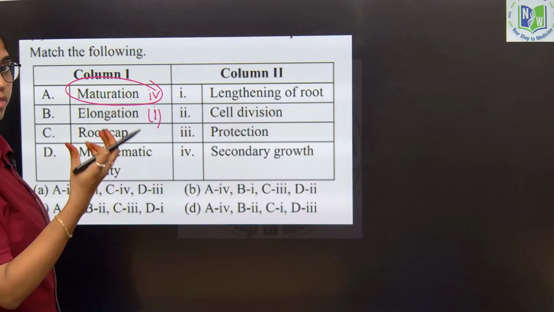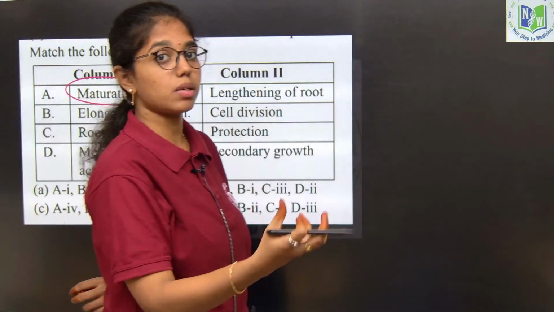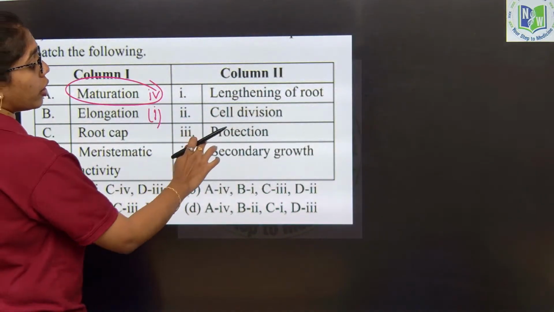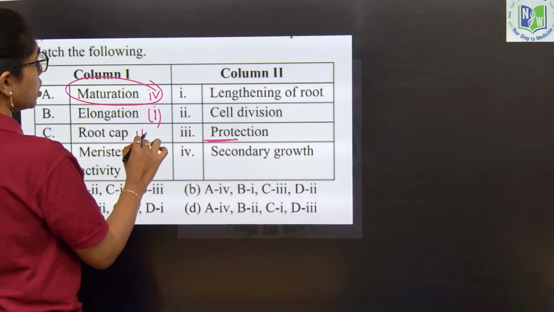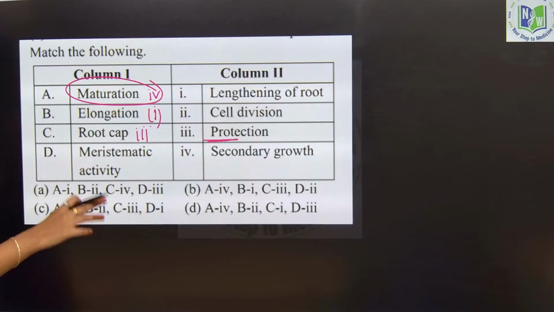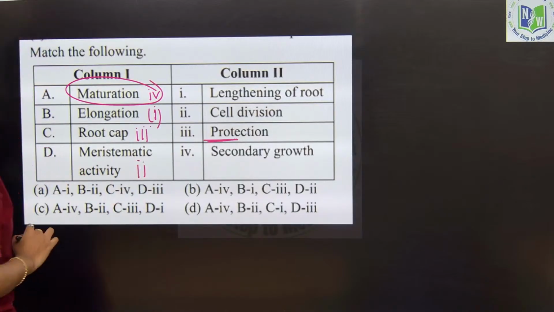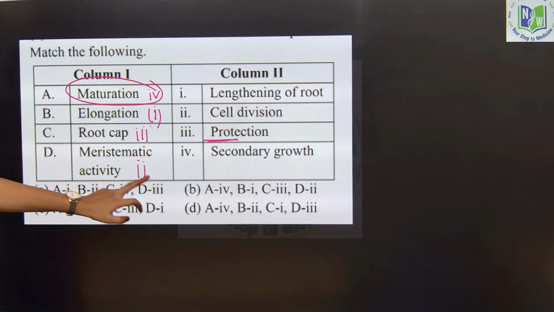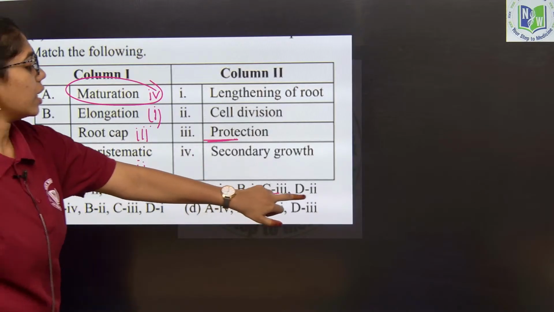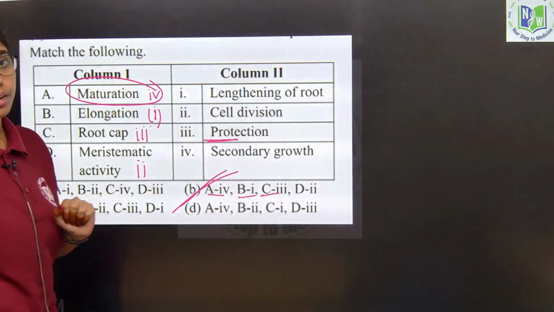Root cap, which is at the bottom below the meristematic region, is mainly helpful for protection, which is option 3, and meristematic activity is keenly involved in cell division, which is option 2. So here A is 4, B is 1, C will be 3 and D is 2. Option 2 is the right answer.